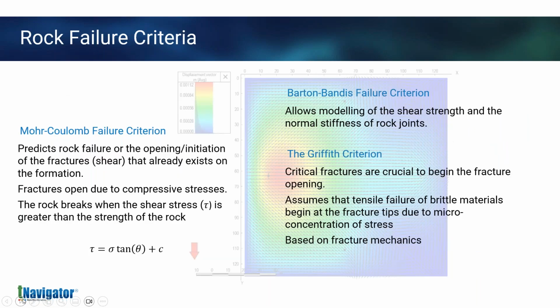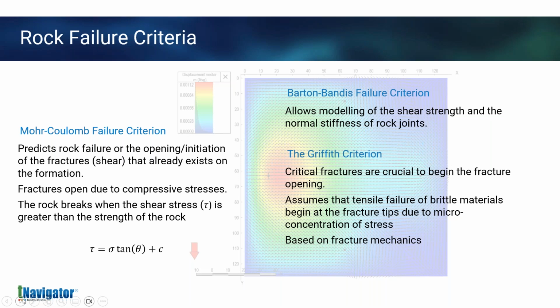Then we have a bit more detail on the failure itself. Obviously, for the failure of the frac, this presentation is focusing on hydraulic fracturing. So the Barton-Bandis criteria is used to initiate a frac where the tensile strength is so high, the ultimate shear strength, given by UCS correlation, will create shear failure, so the fracture will open.